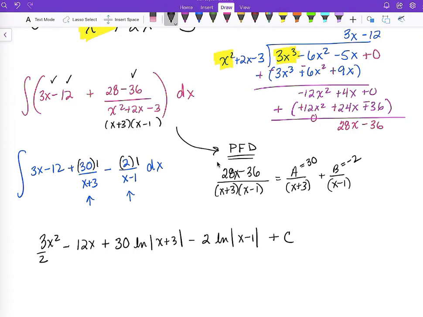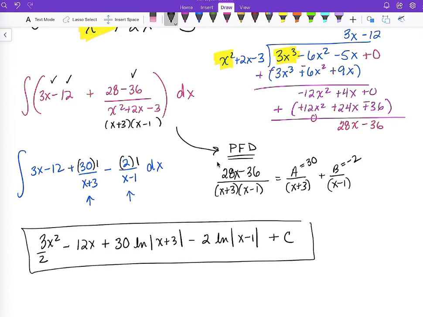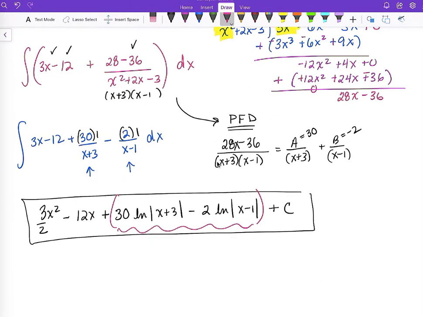Okay, so essentially we are done at this point. This is the correct answer, I hope. But sometimes you do need to consolidate and condense those natural logarithms. If we wanted to do that, we could rewrite this as the natural log of x plus 3 to the 30th, using properties of logarithms, minus the natural log of x minus 1 squared. Since we have a subtraction, we are going to end up dividing.